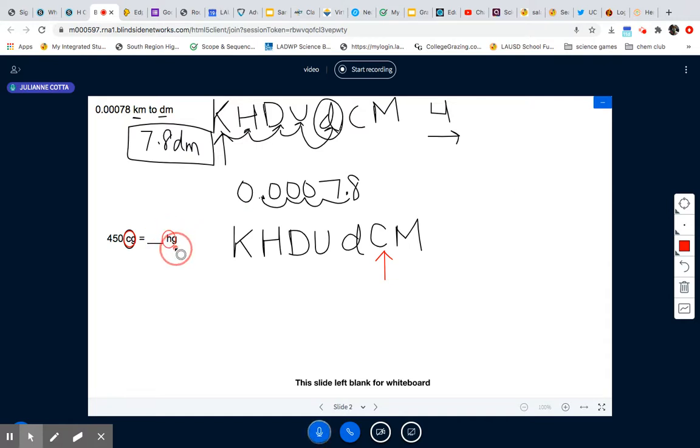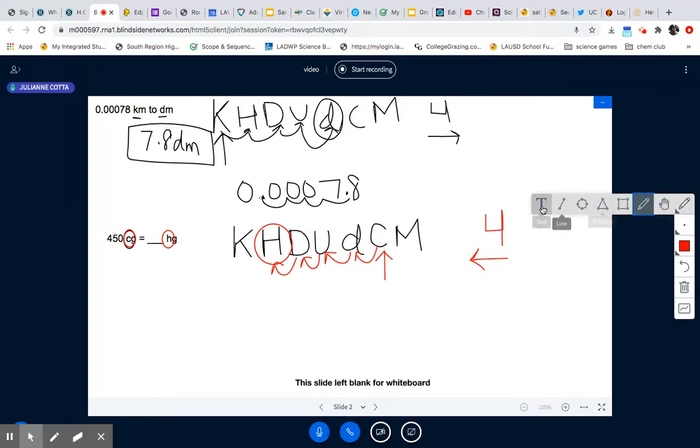So my starting is at C and ending at H. And I want to put a circle on the H because that's where I'm going. Okay, now I want to count how many spaces this is going to take me. 1, 2, 3, and 4. So it took 4 spaces like last time, but now instead of going to the right, I'm going to the left this time.